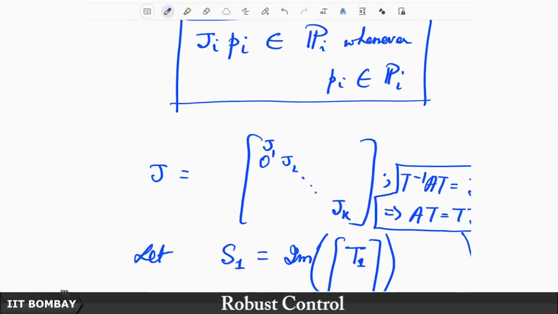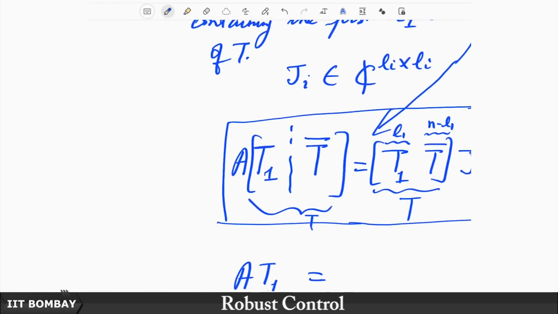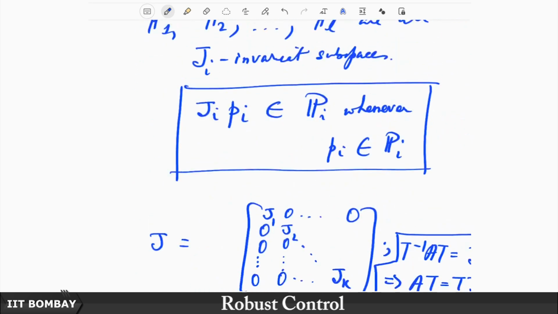Notice that because these are all 0 blocks here, what do I get when I pre-multiply this J by a T?